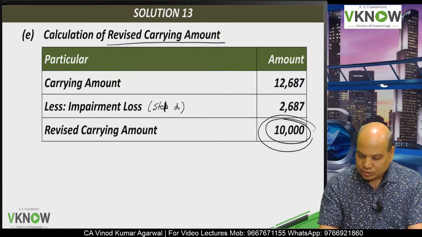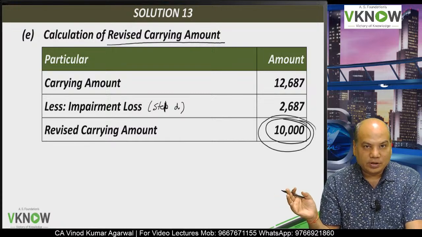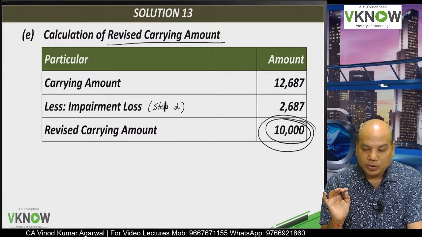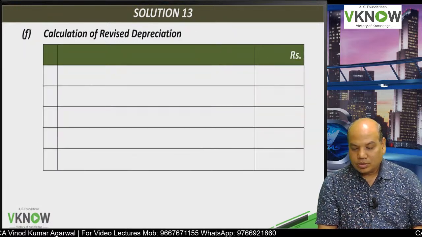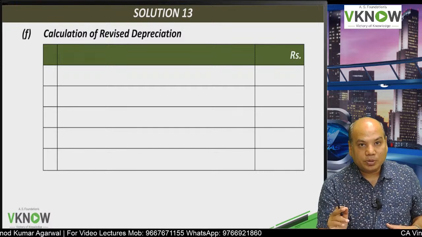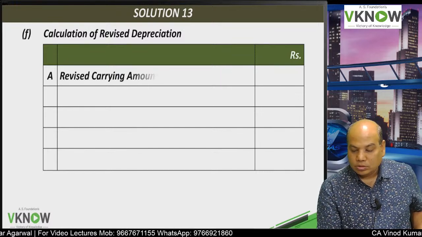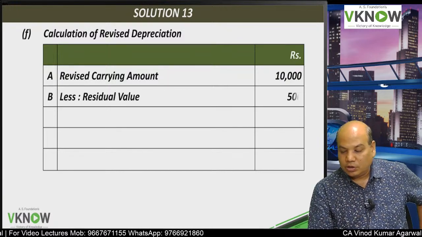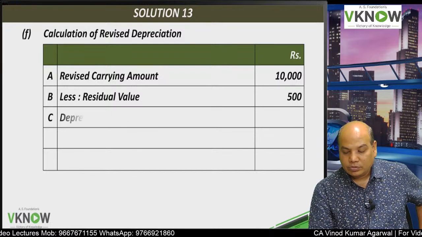This 10,000 now will be depreciated over remaining 5 years, and there is a residual value of 500 also. So my question was, what will be revised depreciation? Write down revised depreciation, very important question. My carrying amount now is 10,000 and the residual value after 5 years is 500.